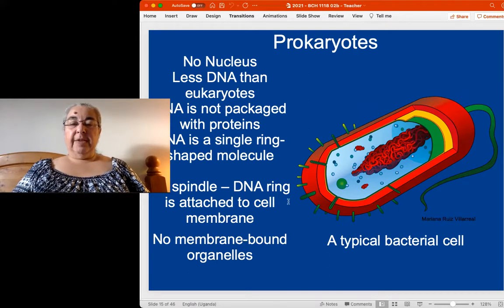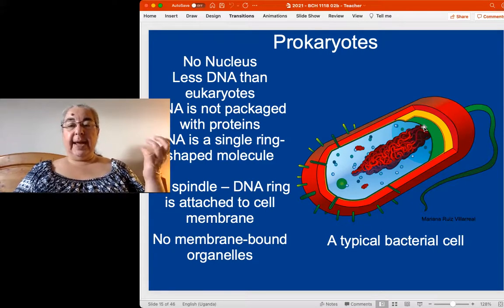The other big difference between prokaryotes and eukaryotes is that prokaryotes don't have microtubules inside the cell, therefore they don't have a spindle. On the other hand, the DNA chromosome is actually attached to the cell membrane by a protein anchor.